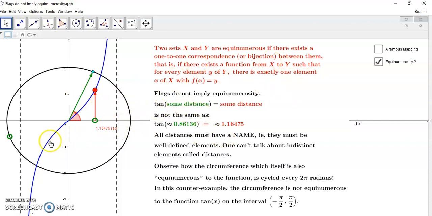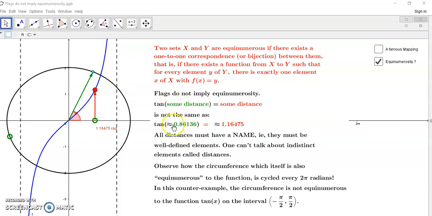Because if you look at this tangent function, which is in blue here, you'll see that it takes some distance, which I'm marking as the x-coordinate of this green point in radians, and gives you the tangent function, which is some distance y on the blue function.